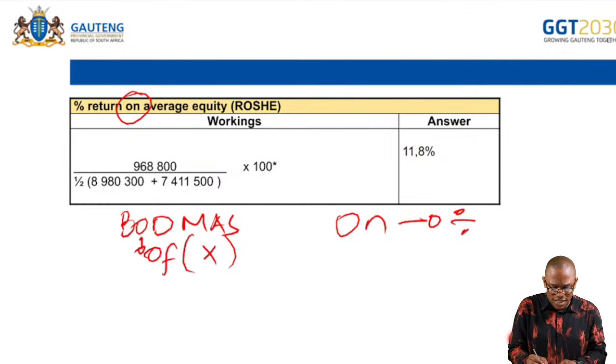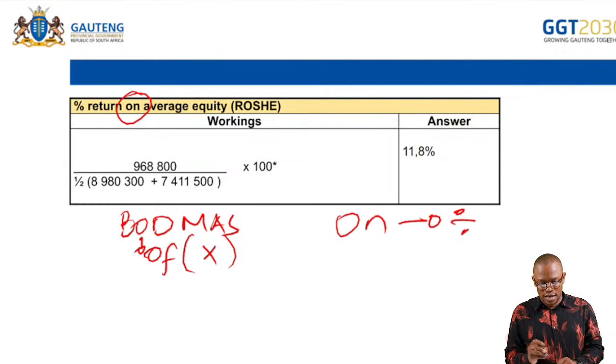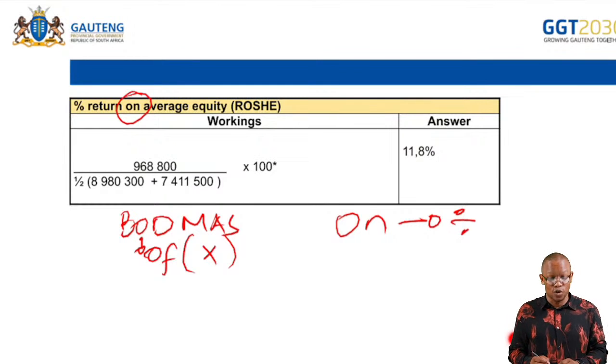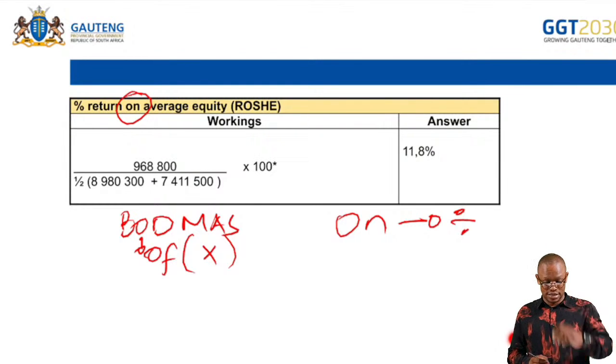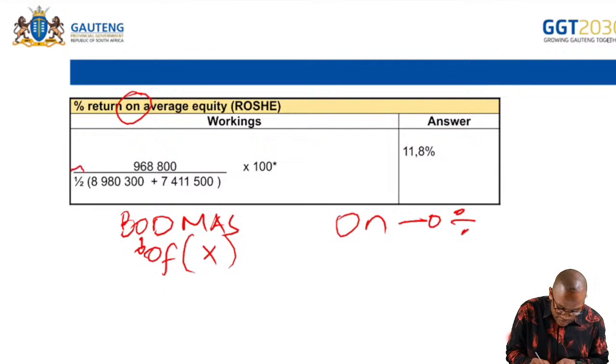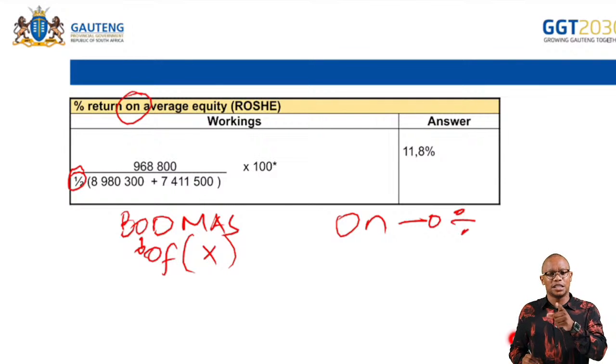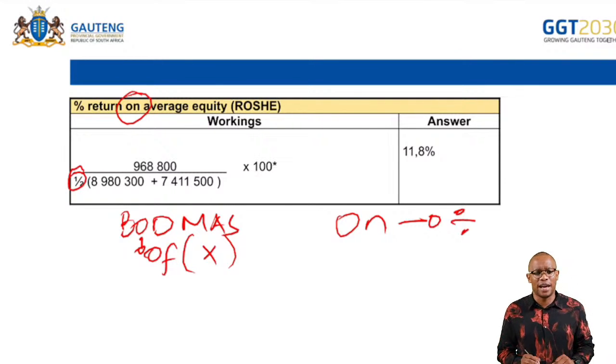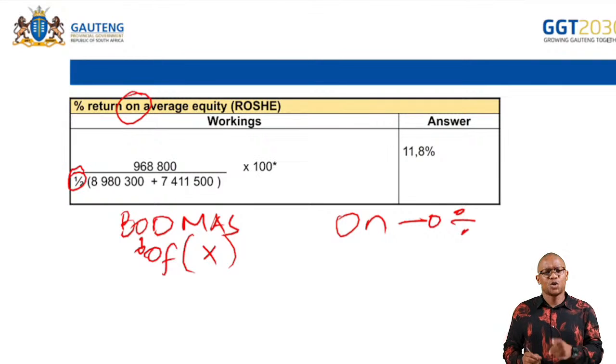So the same applies to this one. It guides you. It said return on average equity. It means your formula, you know that is your returns. Then you divide by what? You divide by your average equity. What is average? Please, every time when you see average, it means you must multiply by 0.5 or you must have half. So that is your net profit after tax.